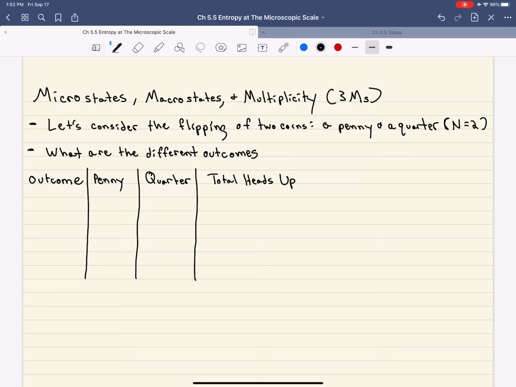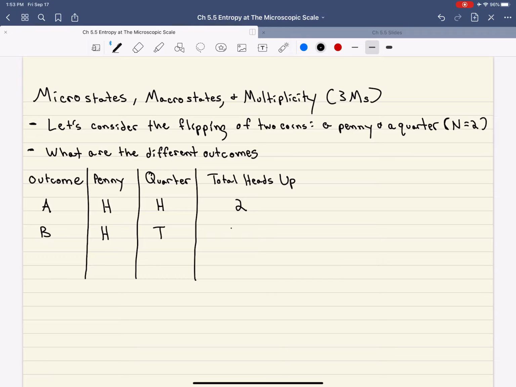Okay? All right. And so, let's consider outcome A. In outcome A, the penny lands heads up, and the quarter also lands heads up. Right? And so the total number of heads up that we have is 2. Both the penny and the quarter are heads up. For outcome B, the penny lands heads up, but the quarter lands heads down, or tails up.